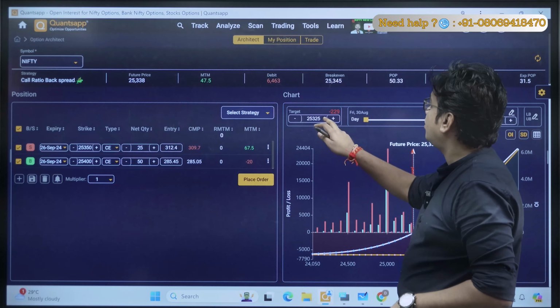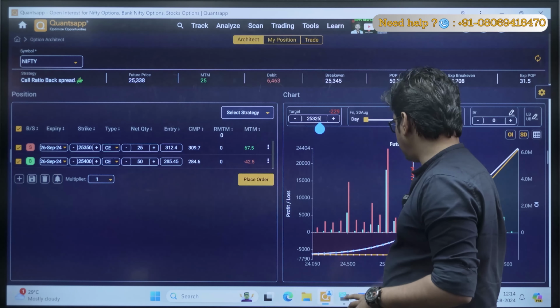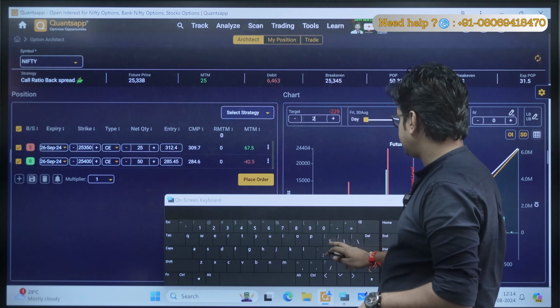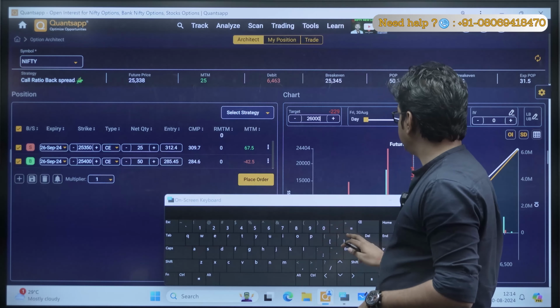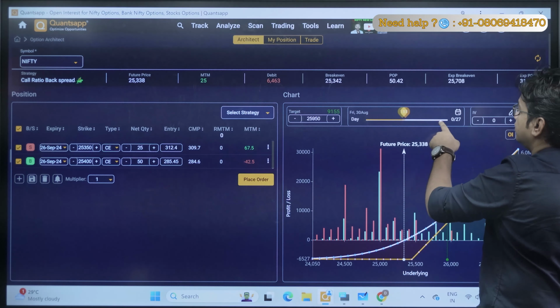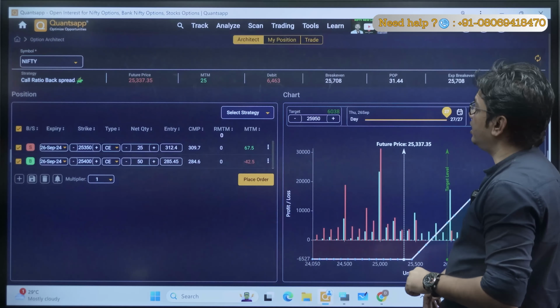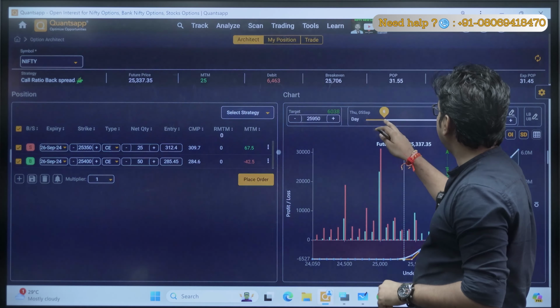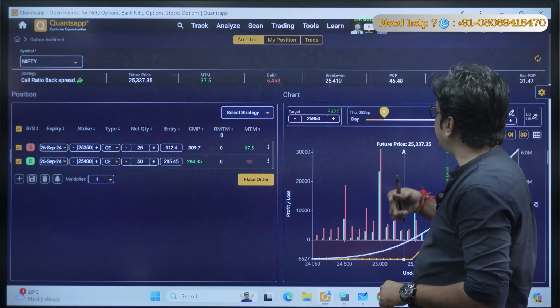So from 25,300, let's just say it moves to 26,000. How much profit can it give? You can see it is like 6,000 profit, and on an intraday basis it is giving me 8,000.